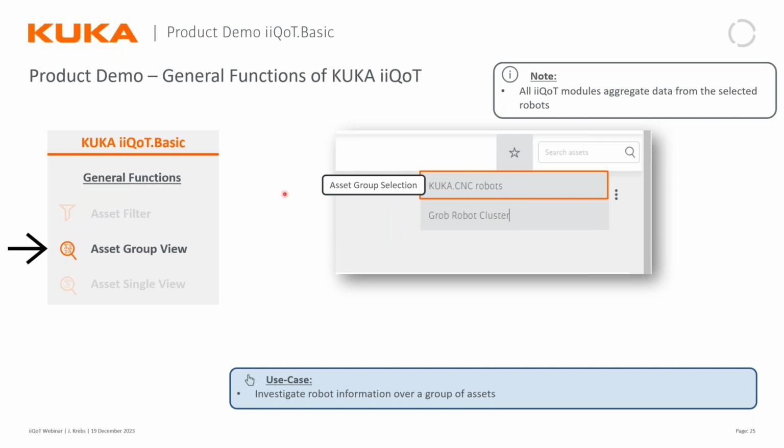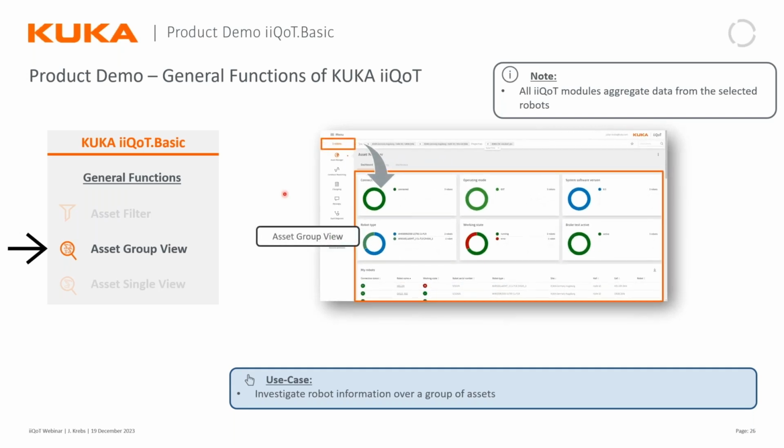If we select our just mentioned filter favorite, the KUKA CNC robots, then all of a sudden, in this filter favorite, only 3 robots are included. So now the visibility, the data iiQoT will show me, has changed to this set of robots.